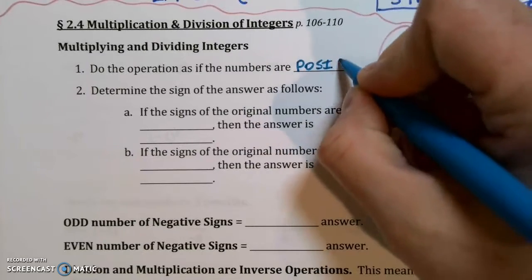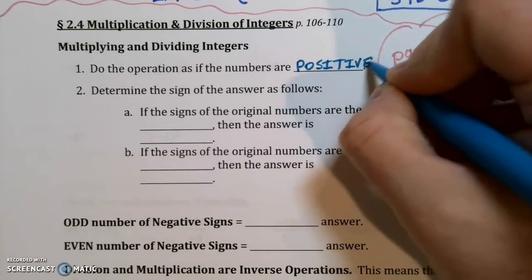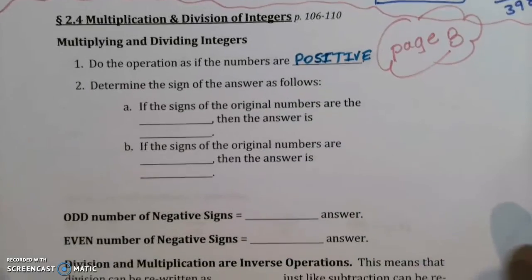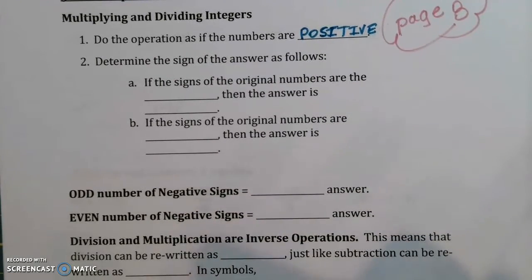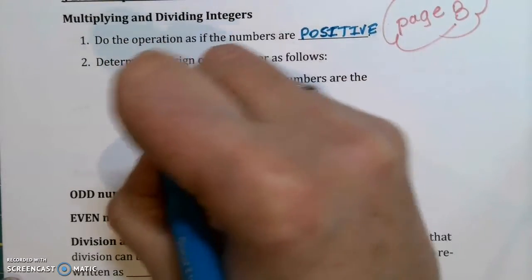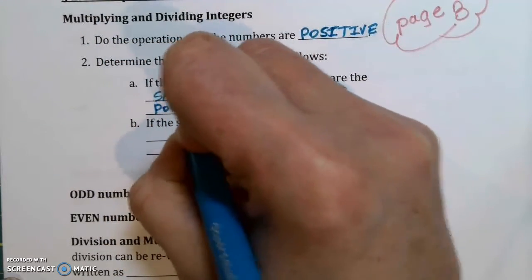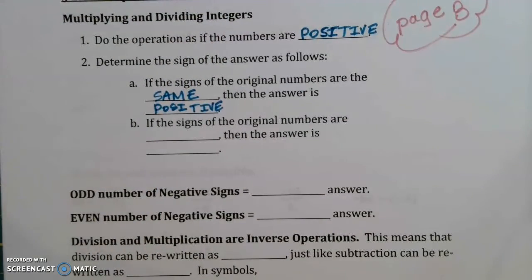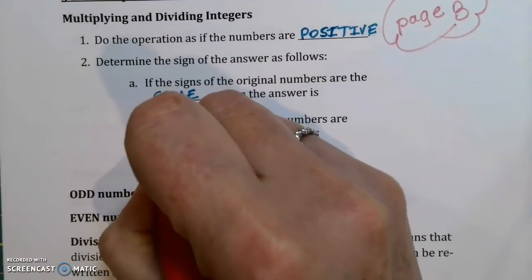So just like in previous math experiences, we're just going to pretend that everything's positive. But then we figure out what is the sign, and the rule for that is that if the signs are the same, the answer is positive. If the signs of the original numbers are different, then the answer is negative.